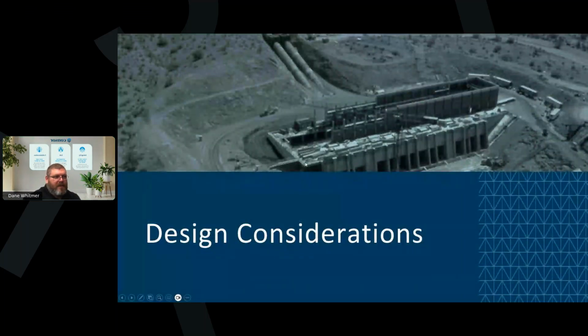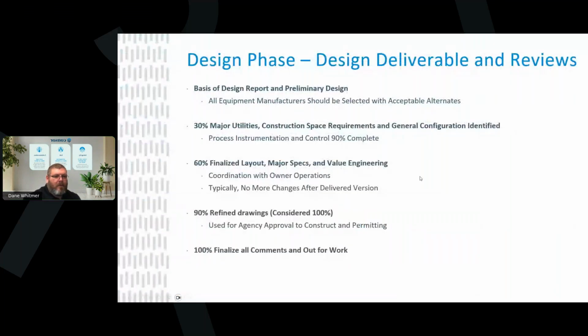All right, design considerations. I'm going to fly through a couple of things here as we keep moving on. With the design phase, just understand that you can set up how you want your design to occur, but there are certain elements that we want to include in the design and be aware of.